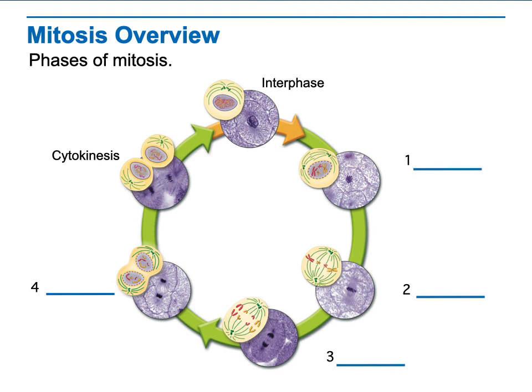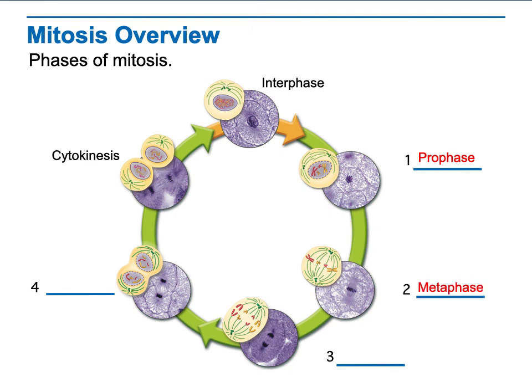Okay, so we're going to see each stage. Prophase. Here, chromatin condenses into chromosomes. The centrioles separate, the spindle begins to form, and the nuclear envelope breaks down.